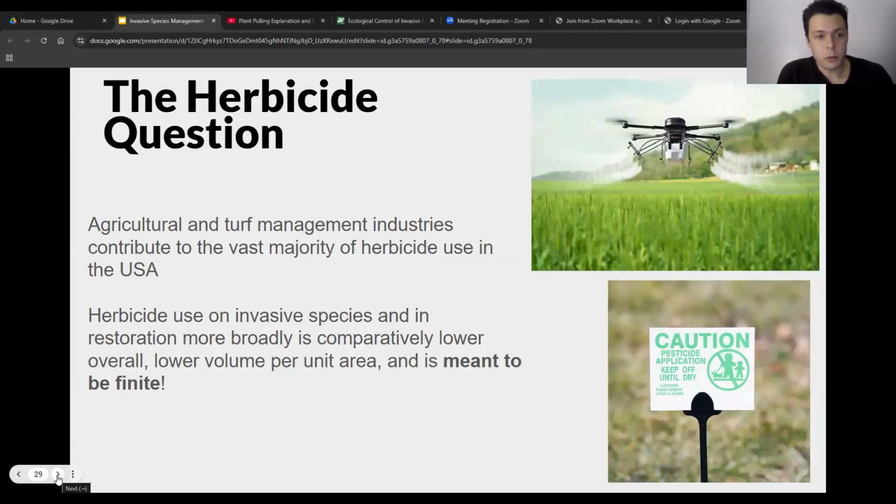It's very important also to remember that when it comes to use on invasives, when it comes to restoration, or even using these things on our own properties, this is, I couldn't find the exact numbers in time for this, but it is such a minuscule fraction of the amount, the frequency and the concentration that is used every day on our pristine lawns and in our agricultural industry.